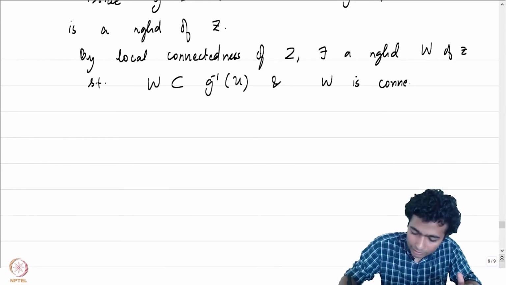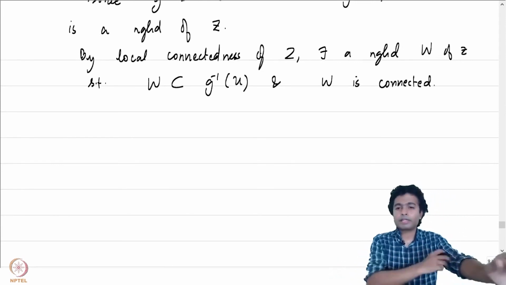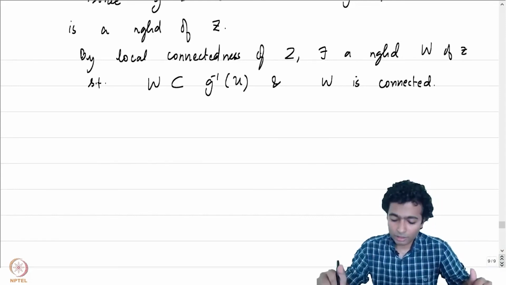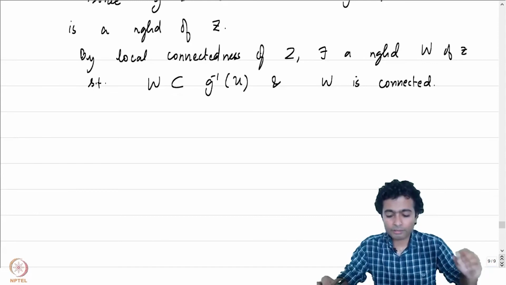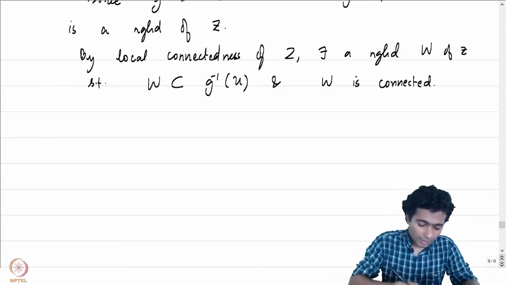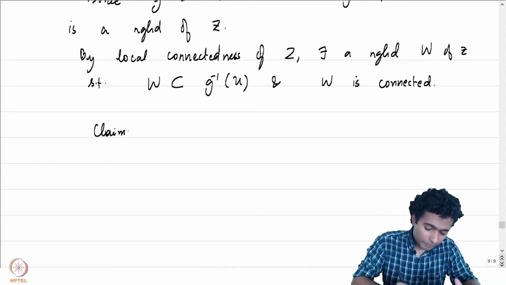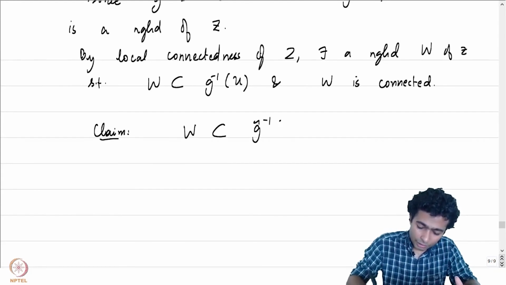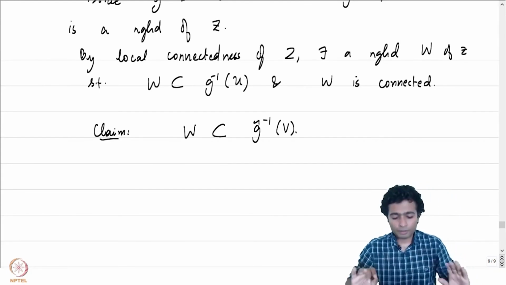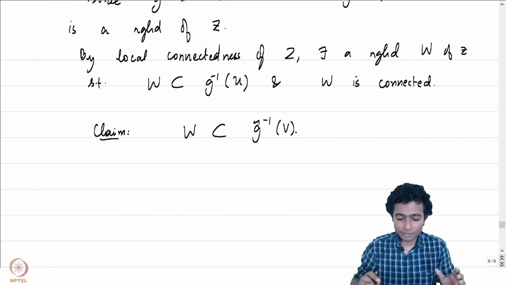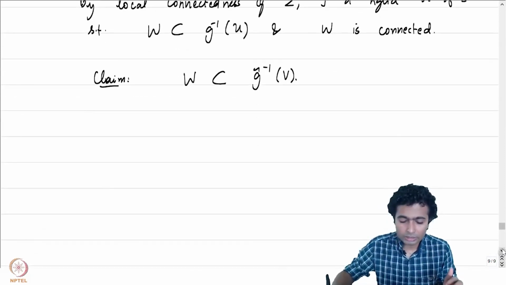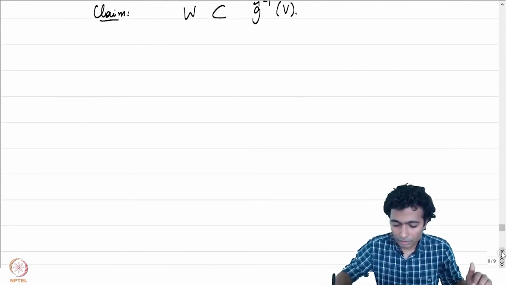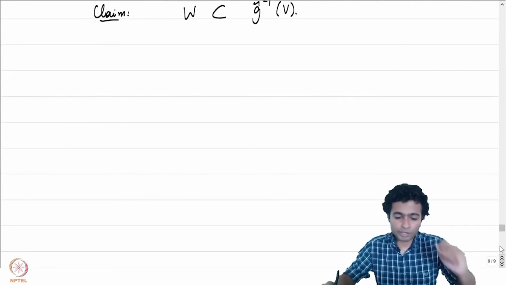Locally connected means it's connected, and in particular, connectedness and path connectedness are the same for open sets here in the complex plane, and therefore W is path connected as well. Now my claim is that W is contained in G tilde inverse of V. If you prove this, we have essentially proved that G tilde is a continuous map. So this claim is the final piece to establish our result.